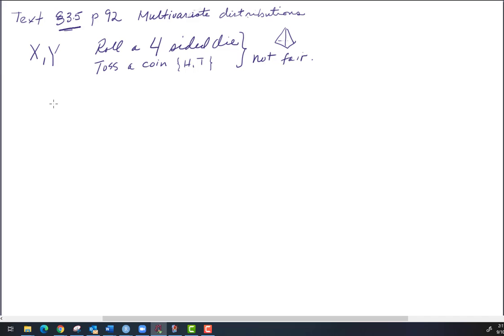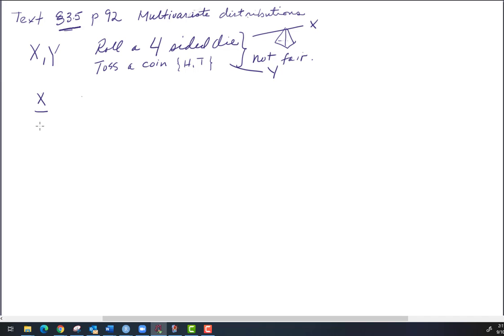So they're loaded. So here's the loading. Let's let x be what happens on the die, and y can be what happens on the coin.